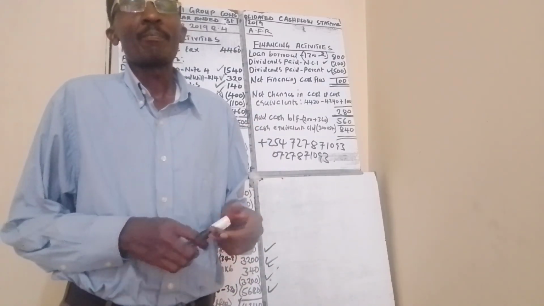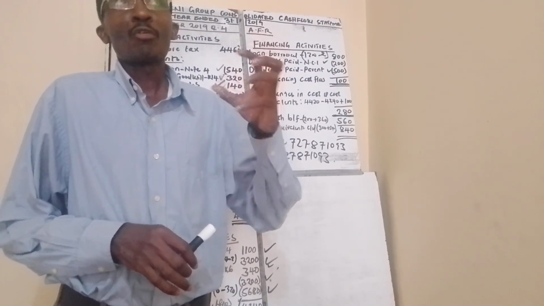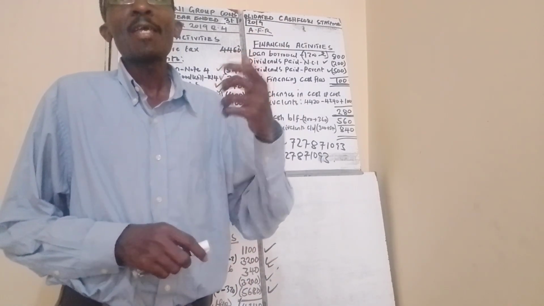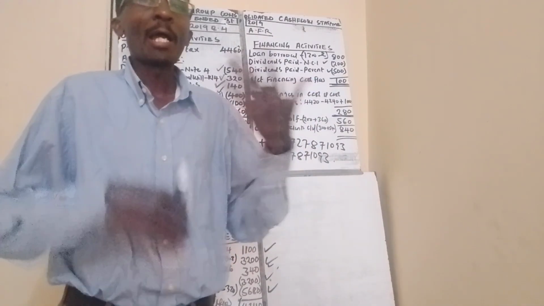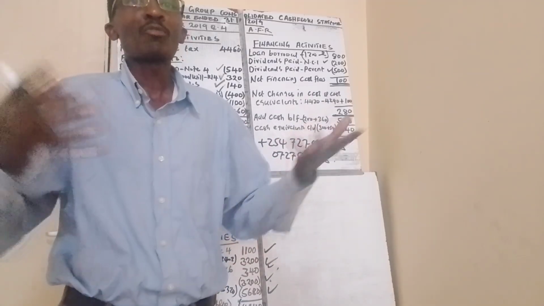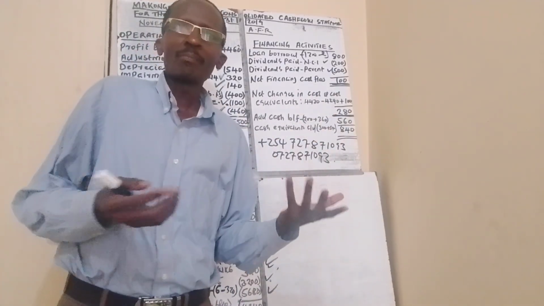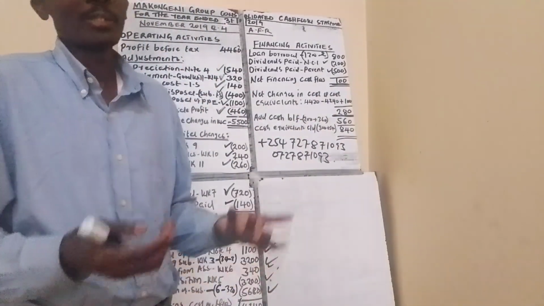We are through with cash flow statements. We are through with IAS 7, International Accounting Standard number 7. We are able to prepare cash flow statements for a group, whether using the direct method or indirect method.